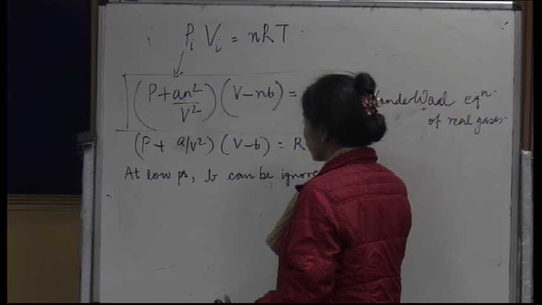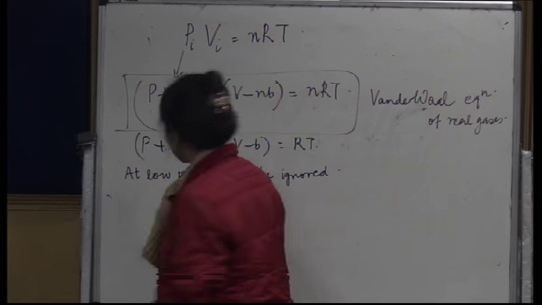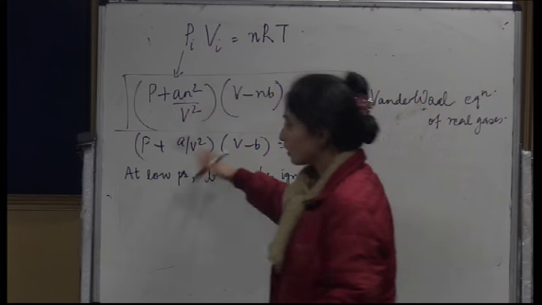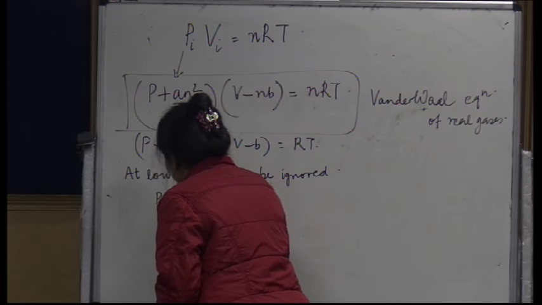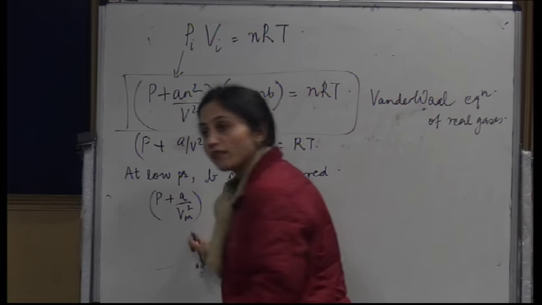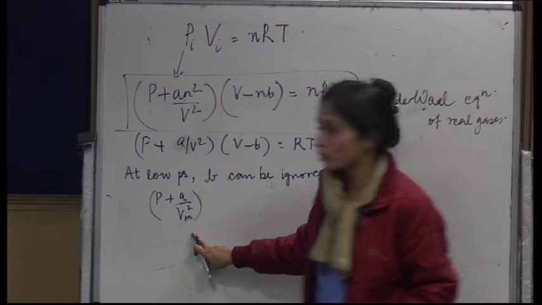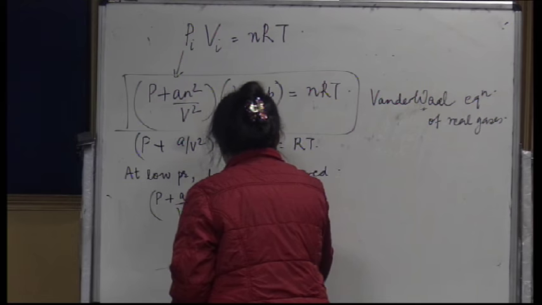If you ignore your B, what does your equation become equal to? We are talking about the molar volume, because we are talking about 1 mole. So you have P plus A by Vm square, ठीक है? Why Vm? Molar volume है, 1 mole है, into Vm is equal to RT.